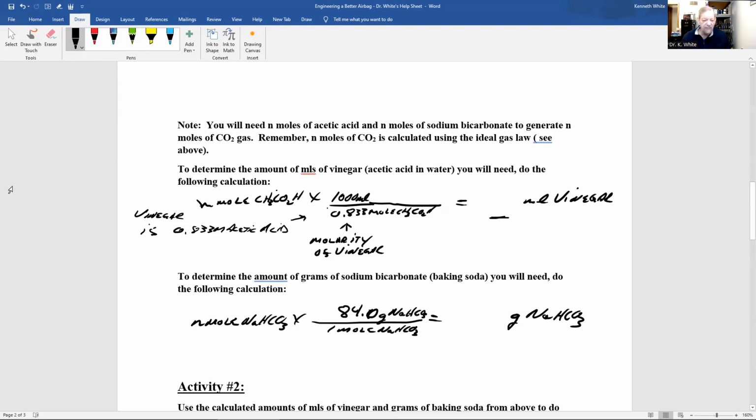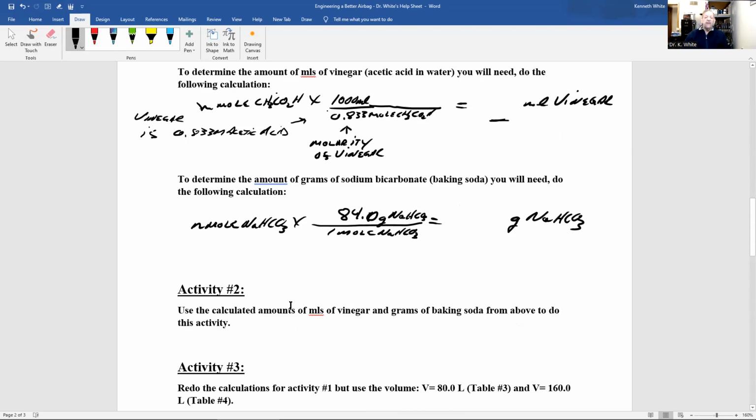Now, the amount of grams of sodium bicarbonate, your baking soda. Remember, this is your vinegar, a 0.833 molar solution of acetic acid in water. And to get the baking powder, remember 1 mole of carbon dioxide needs 1 mole of sodium bicarbonate. So you start out with n moles of sodium bicarbonate.